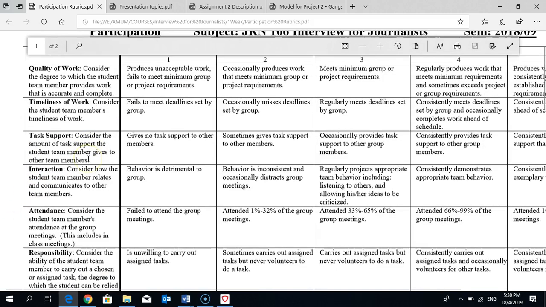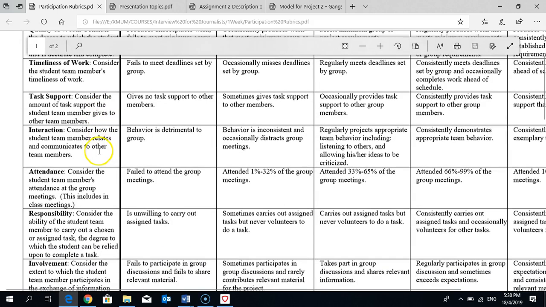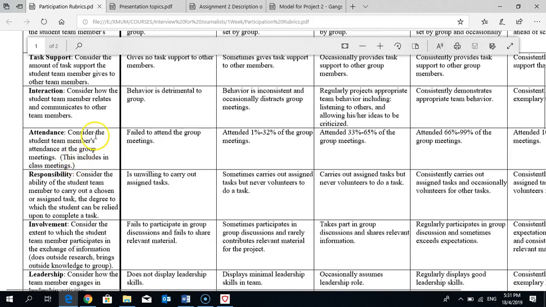Timeliness of work, task support: consider the amount of task support the student team member gives to the other team members. Interaction: consider how this team member relates and communicates to other team members. I would say it's more than just team members because we only have the one team project. So some of this refers to teams, but obviously we'll look at it beyond teams.